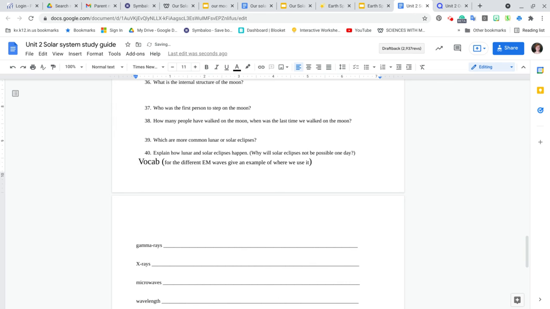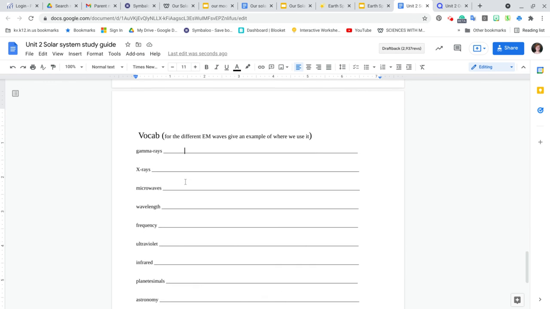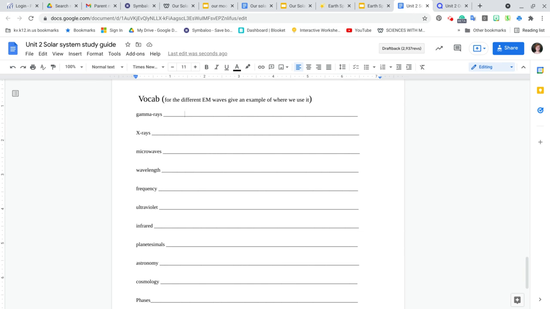Okay. For these, a couple of you asked me in class, think back to the quiz that we had, the mostly EM spectrum. Those questions are going to be on the test. So questions like gamma rays are the highest energy rays, and you find them only in the stars and a few radioactive sources on planet Earth.